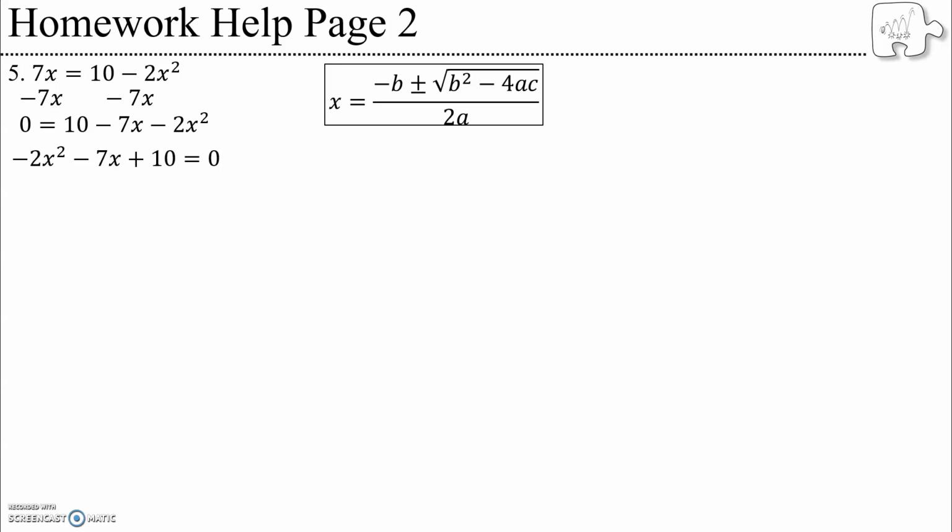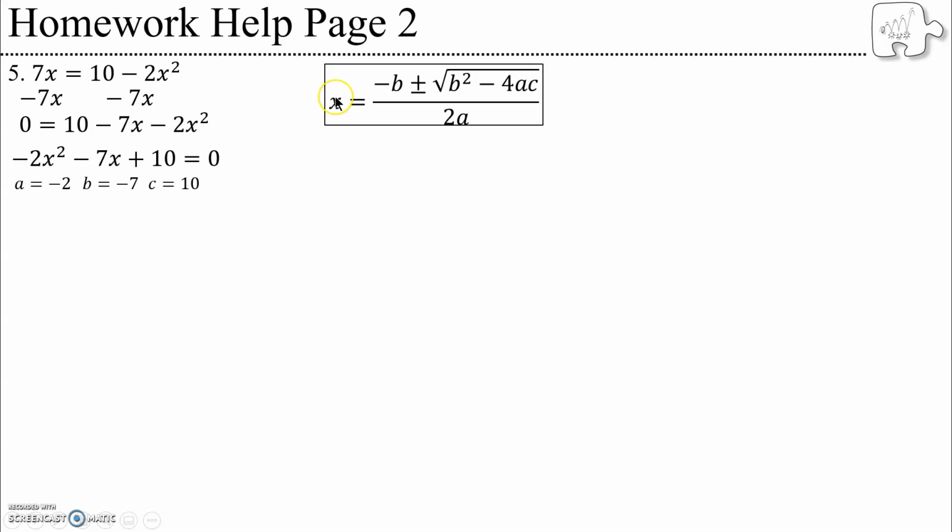So now we know that our A is negative 2, our B is negative 7, and our C is 10. When we get it into the normal form of x squared, x, constant, our A, B, and C are just the first number, second number, third number. So now we have enough to plug it into the quadratic formula.